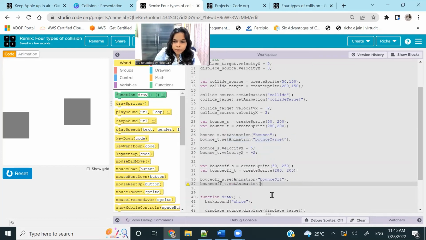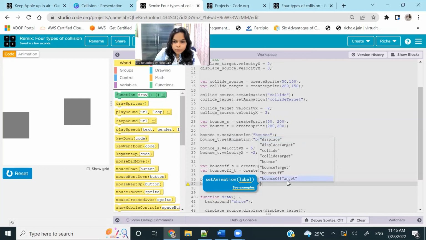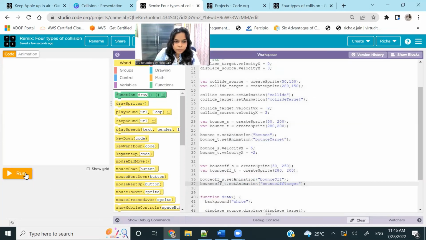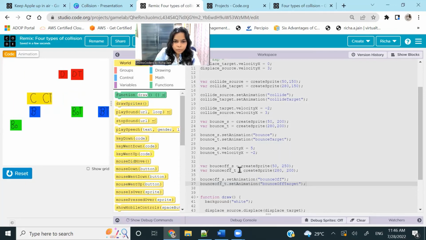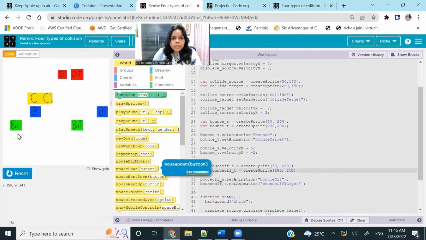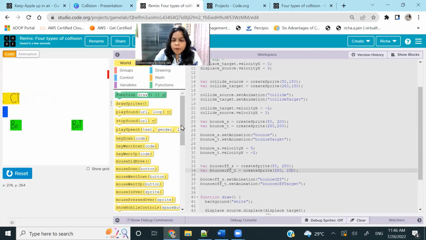Set animation, bounce off target. So this has to be 250, of course. Let me correct it. Okay, so this is my bounce off source and this is my bounce off target. Let's give them some velocities now.